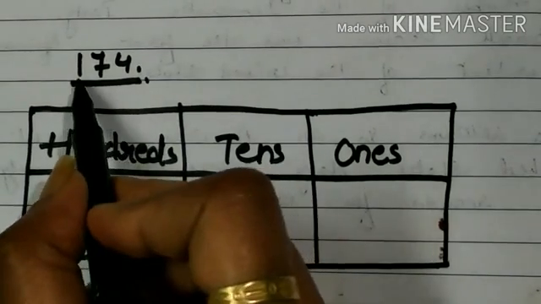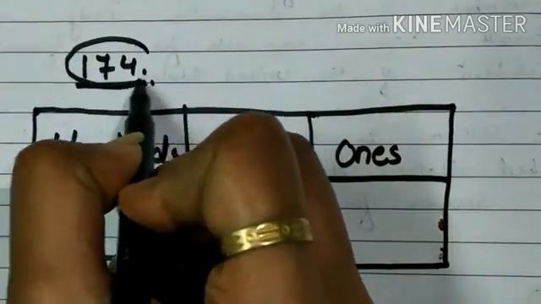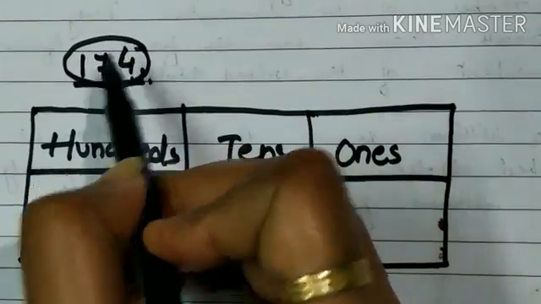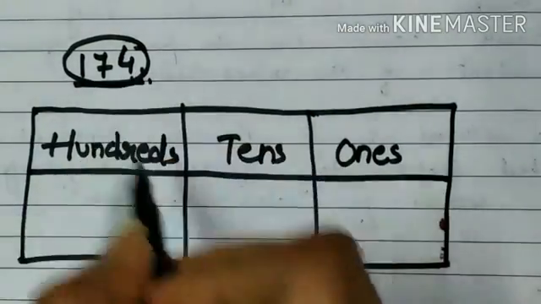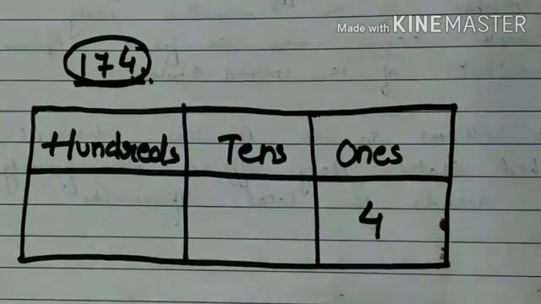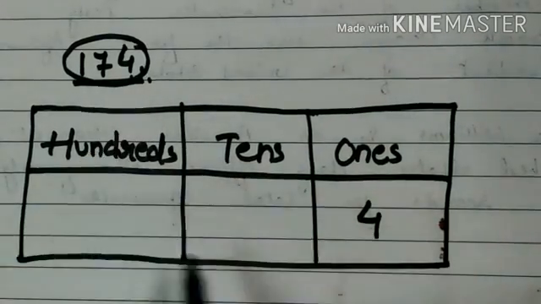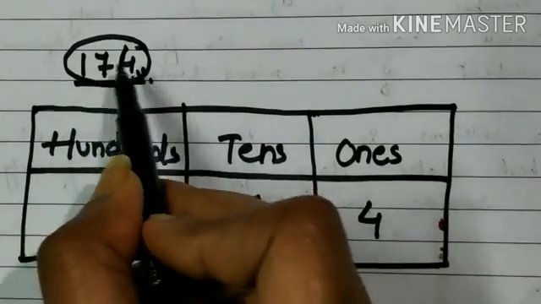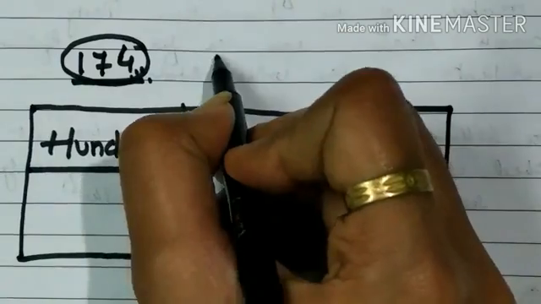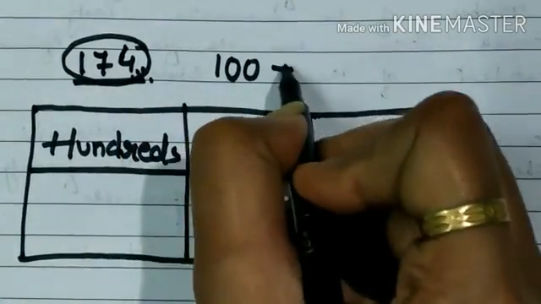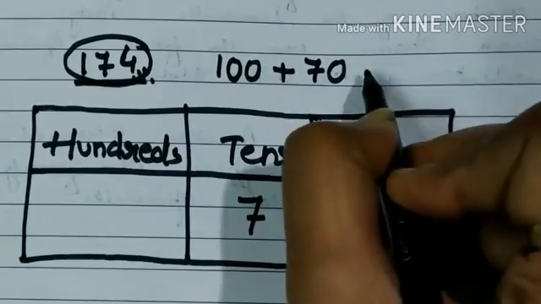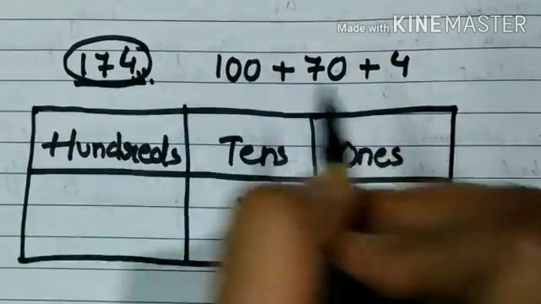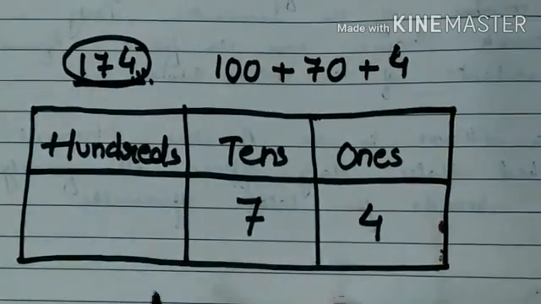See, here the number is 174. Where will we put 4? 4 is at ones place. 7 is at tens place. Why? Because, as we all know, this is 100 plus 70 plus 4. There is no digit after 4, so it is in ones place.